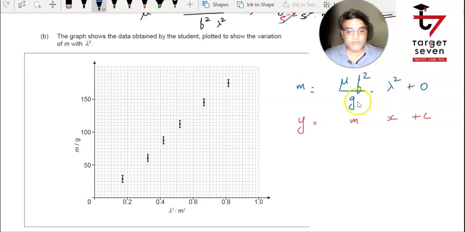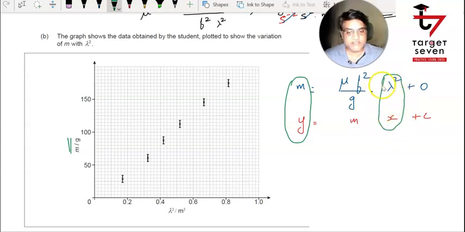Now, the equation that has been provided to us is representing the equation for a straight line, which further goes on to say that if at all I plot mass along the y-axis, which is what has been done here, and lambda square along the x-axis, which is again what has been done here, the gradient of this particular slope would be mu times f square upon g, and the y-intercept should have been 0.